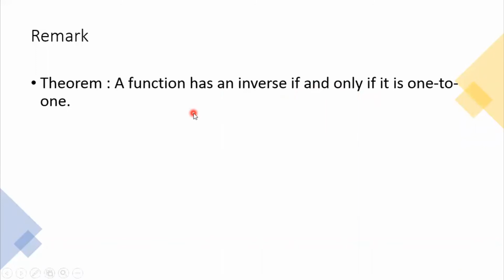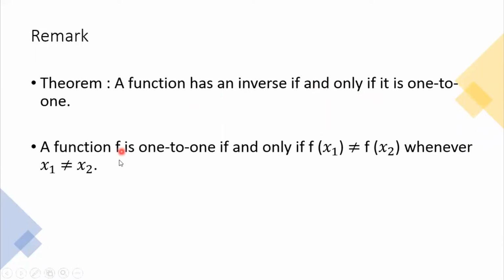Okay? So the second remark: a function f is 1 to 1 if and only if f of x sub 1 is not equal to f of x sub 2 whenever x sub 1 is not equal to x sub 2. Actually, we can show that a function is 1 to 1, and I have an example in the next slide, so don't worry.